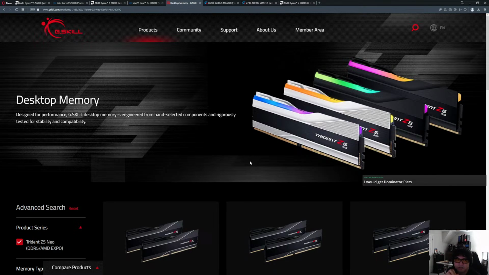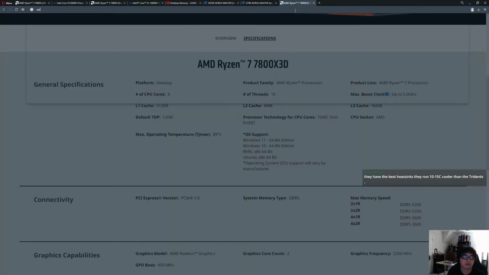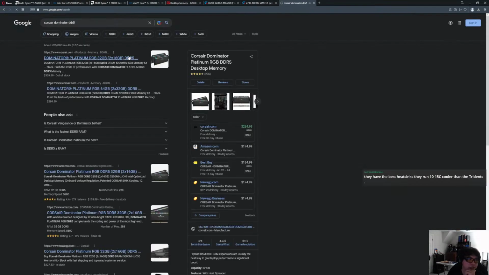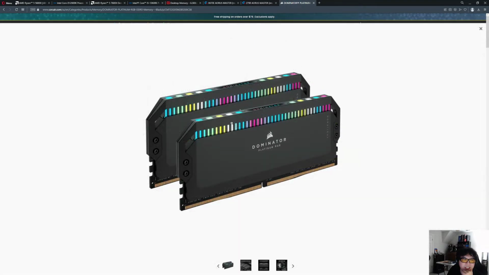You also have the Dominator. It depends on what you like. If you like a continuous light bar, then you would go with this. If you like the kind of dot lights, I'll show you the Dominator Platinum. See how there are individual lights here on the top?